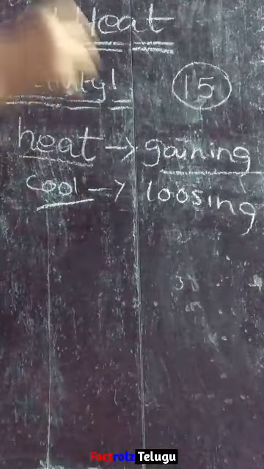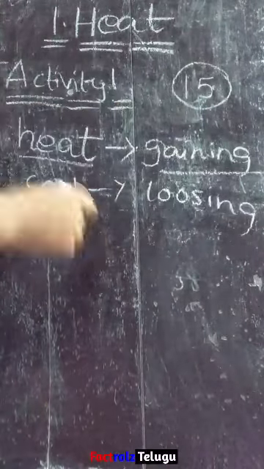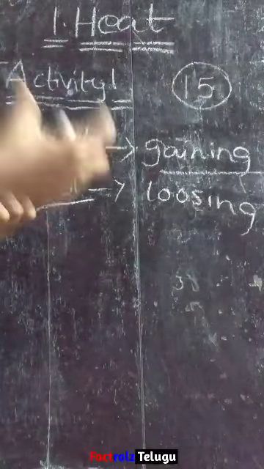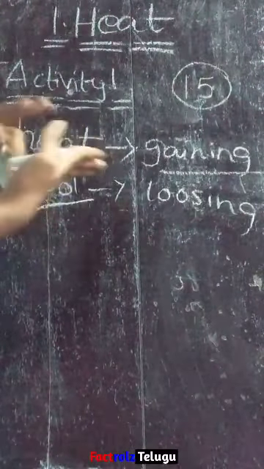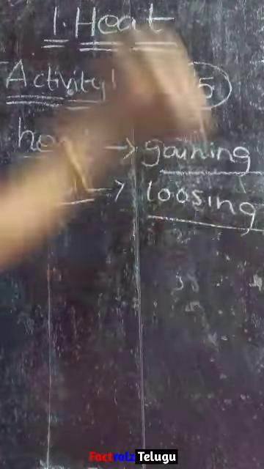Suppose you keep something in the refrigerator, it becomes cool. Why? Because it is losing energy and getting cold. In the example of the ice cube in your hand, your hand is getting cold, your hand is losing energy and it is transferring to the ice cube.